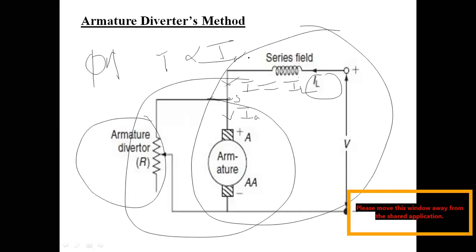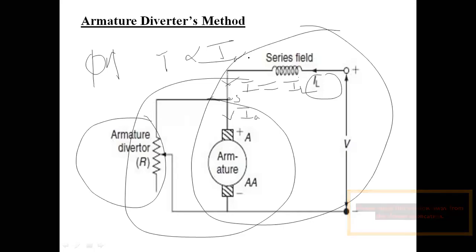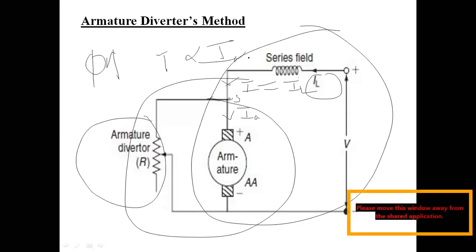So at this position, the motor is going to draw more current from the supply. When the flux is increased, the motor speed should be decreased.